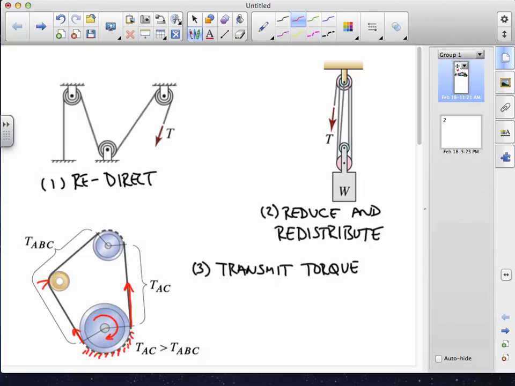Assuming this small pulley here is frictionless, there's a uniform tension, TABC, all along this left-hand side. So the tension acting on this small pulley up here is also TABC. The tension on the right-hand side here is also TAC.